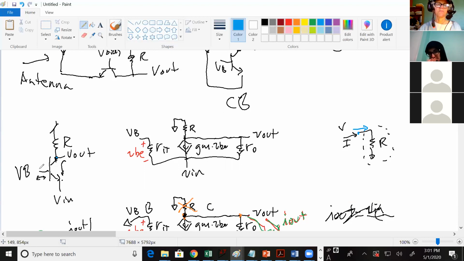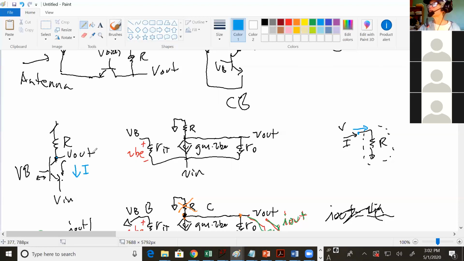So when you bias this, just like the common emitter, you're setting a current through here. So you set a default current through here, and then you pick a resistor such that V out sits in the middle of the active region of your transistor. Did that work? So it has less to do with trying to achieve a certain R out or a certain gain.